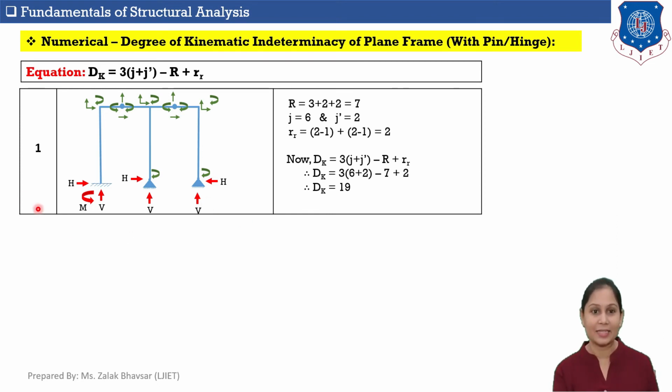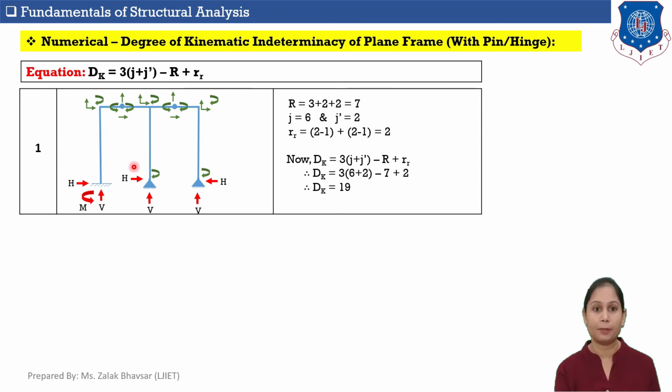Let's verify our answer from the figure. So at this hinge support we will get possible displacement equal to 1. So we can say that for 2 hinge supports possible displacement will be 2. And as we discussed earlier, at each internal joint of the plane frame, number of possible displacements is equal to 3. And here in our case, total internal joints of this plane frame are 3.